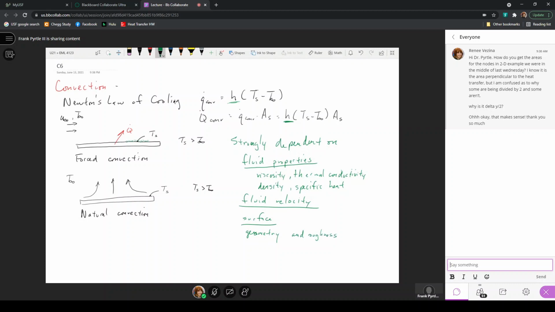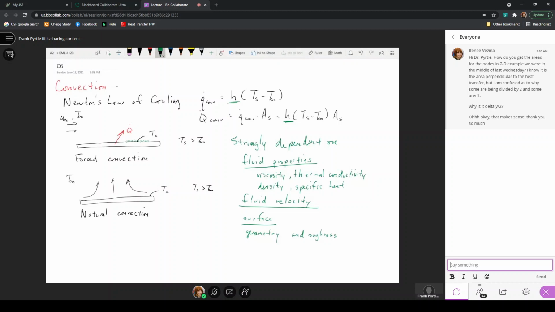The roughness would allow us to make considerations of typically transitions between laminar and turbulent flow. And then the geometry can be a combination of: is it a flat plate like what I've drawn here, and we'll indicate as a flat plate? Is it a spherical shape? Is it a cylindrical shape? Then with geometry, there's also the consideration of the orientation.